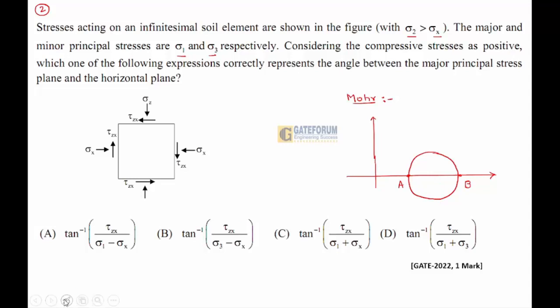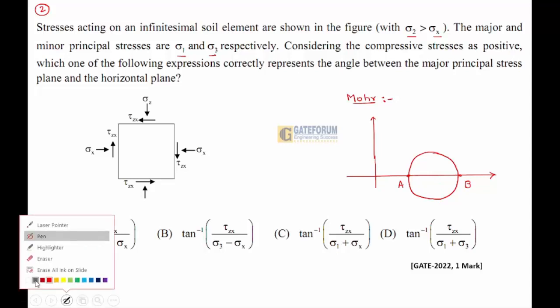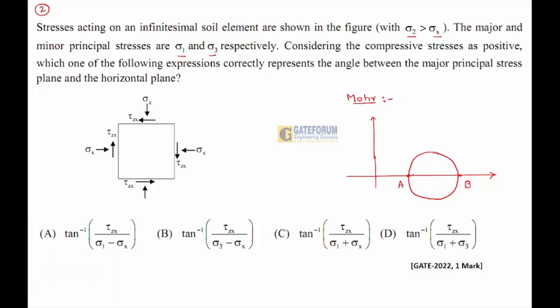Now, to make it clear, this is the center point O, this is C, which will be the center.